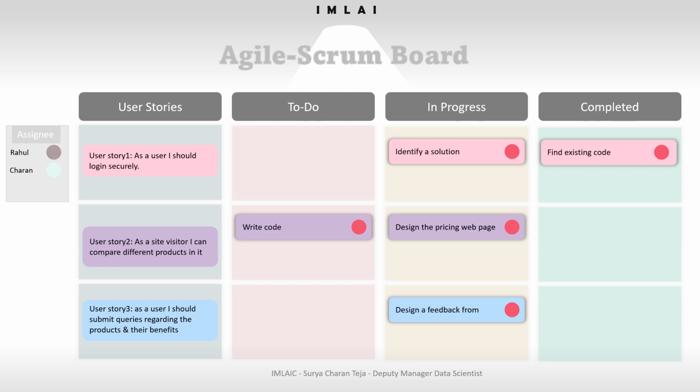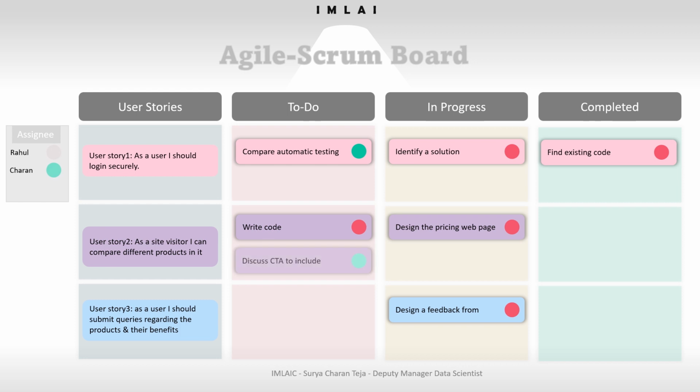He's our tester, maybe somebody else. Charan is a tester. From user story 1, compare automatic testing is the task assigned to him. So he had to start that task, and that's where we put the task that belongs to Charan in to do.